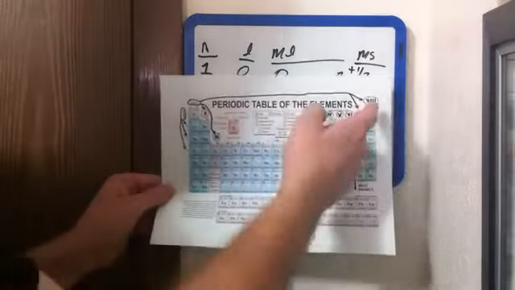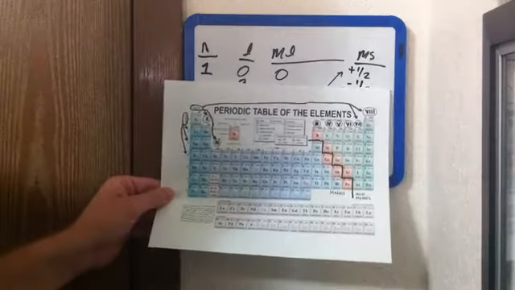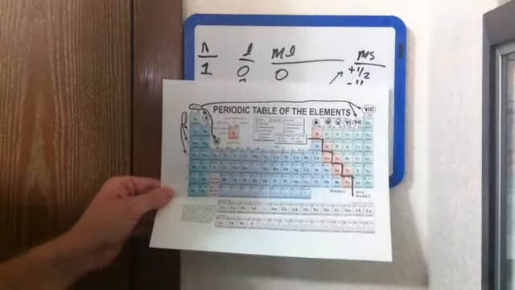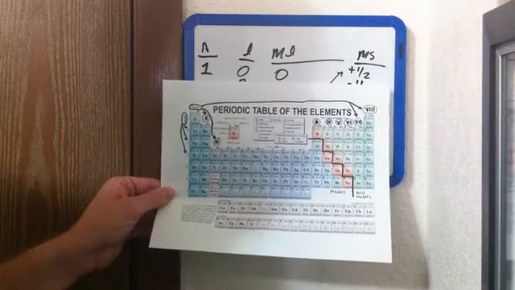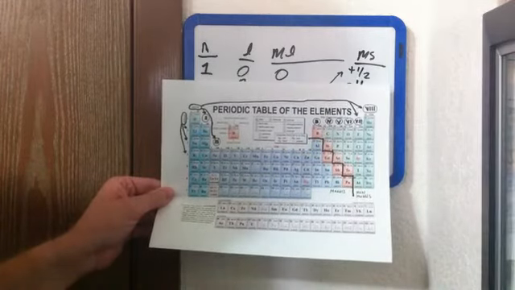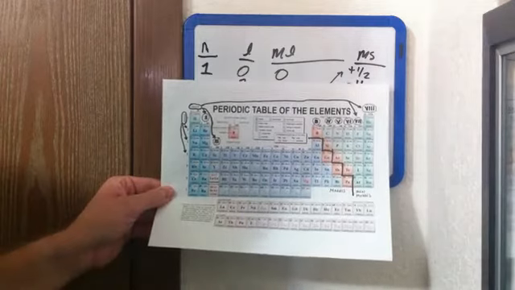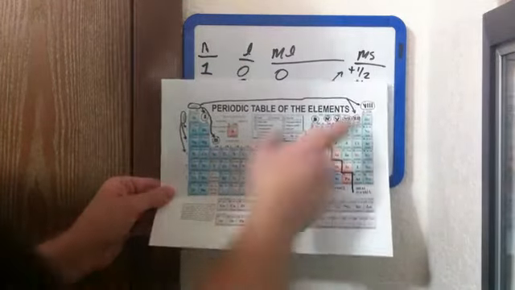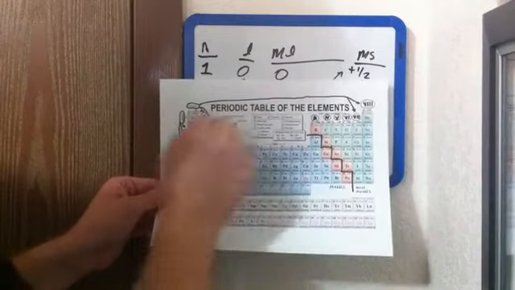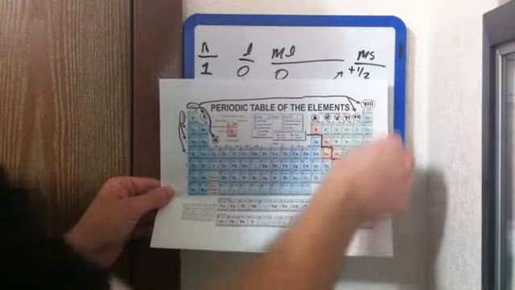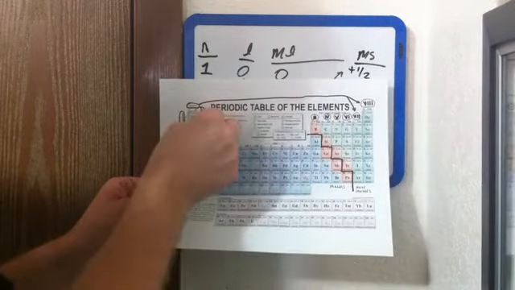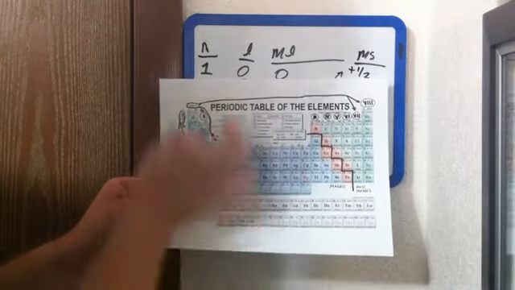Well, let's just do helium real quick just to make sure that everything looks good. Helium has an atomic number of 2, and we know that a neutral atom in nature has 2 protons, so it's going to have 2 electrons. Well, first energy level, L equals 0, and we could move helium over here because these are the stable noble gases, but we know that it is in the s block.